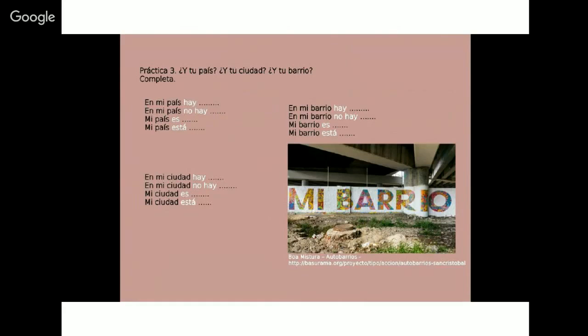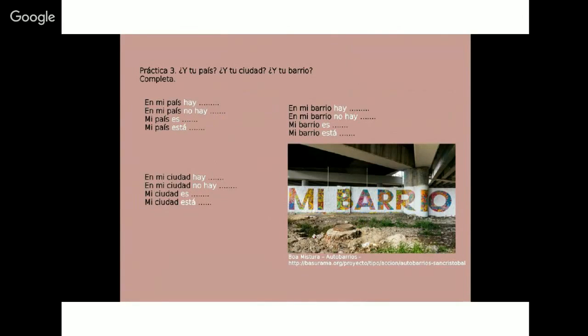Muy bien, ¿mi país está al norte o mi país está en el norte? En el norte. Ok, muy bien. O también puedes decir, por ejemplo, mi país está al norte del continente americano o mi país está al norte de los Estados Unidos. Bueno, muy bien.